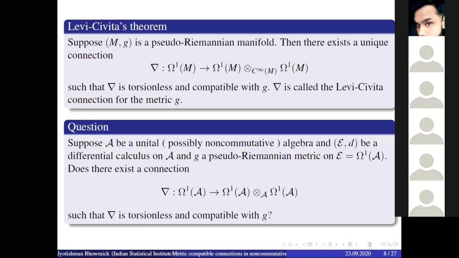We already saw what torsionless means even in the non-commutative situation, and in the previous slide we saw that it's at least not straightforward to make sense of the metric compatibility condition. So that is going to be our goal when I have a differential calculus over a possibly non-commutative algebra.